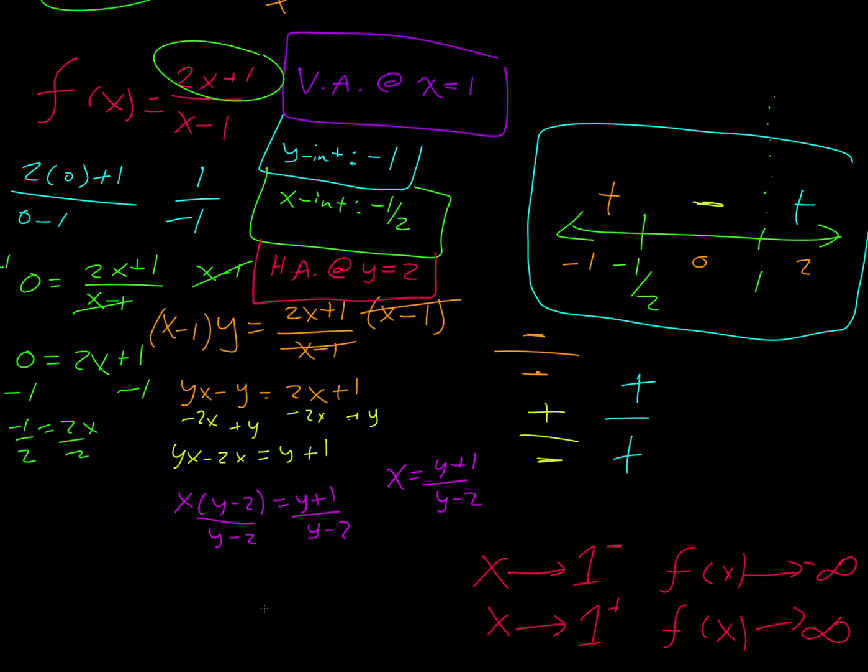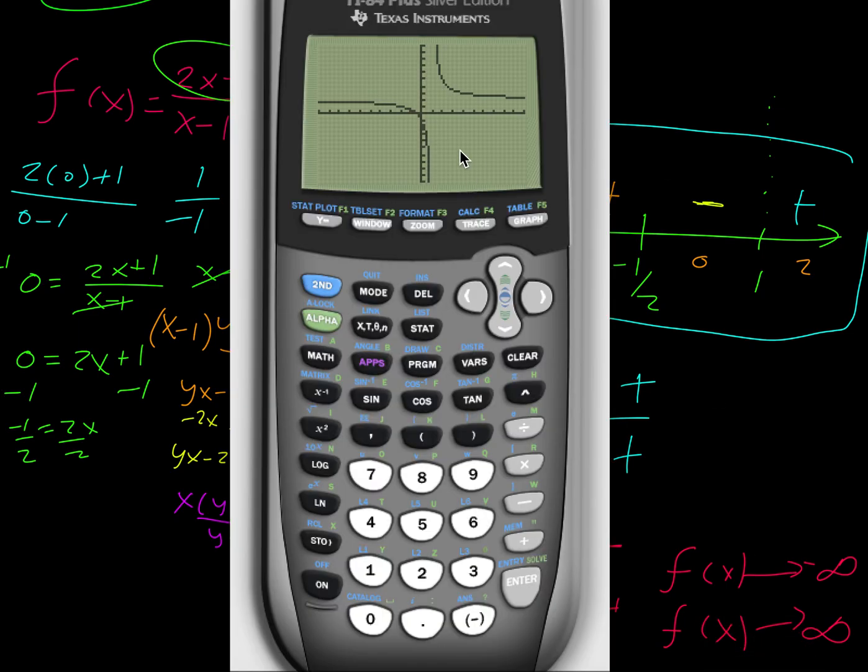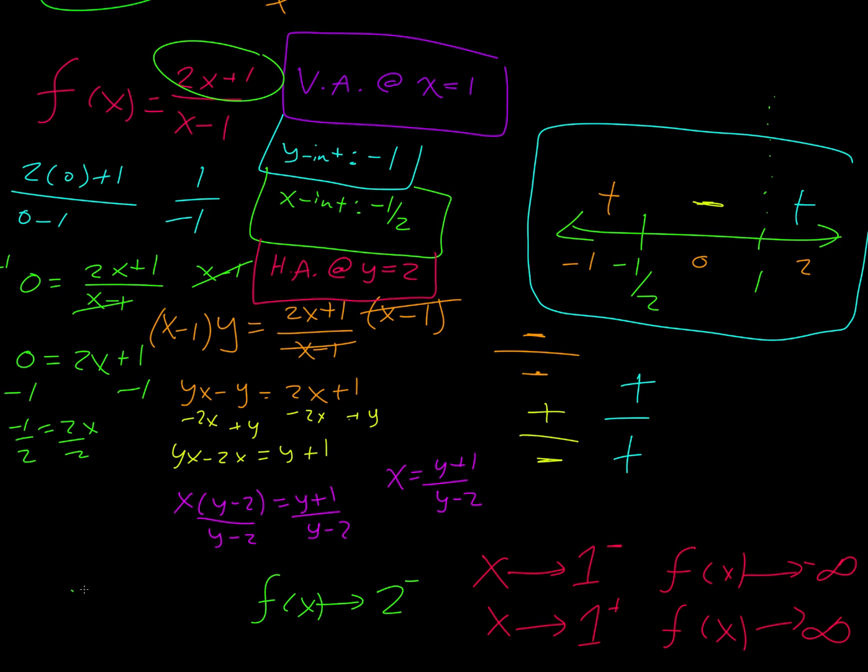The way I like to think of when we're doing horizontal, I start with my y value actually, even though the notation doesn't start with the y value. So we're going to approach 2, which is our horizontal asymptote, from the negative side. So if we're approaching 2 from the negative side, our x values go towards negative infinity. So we're going to say x approaches negative infinity.